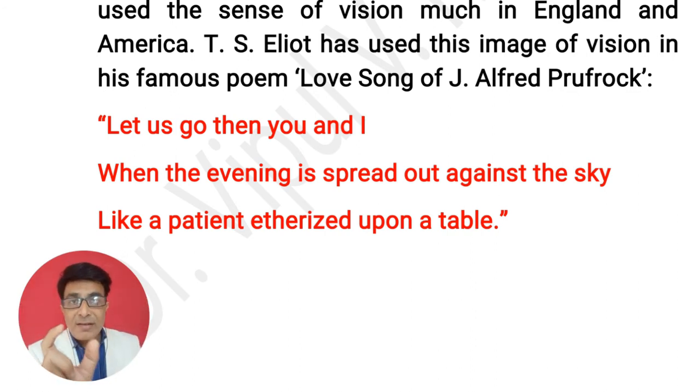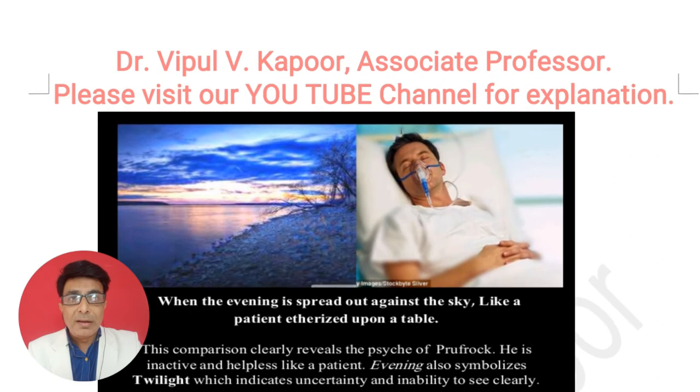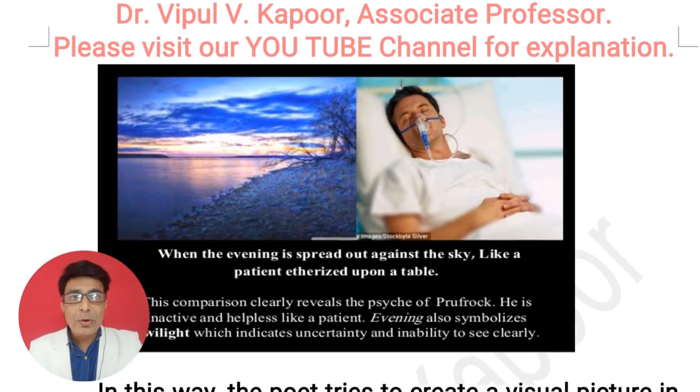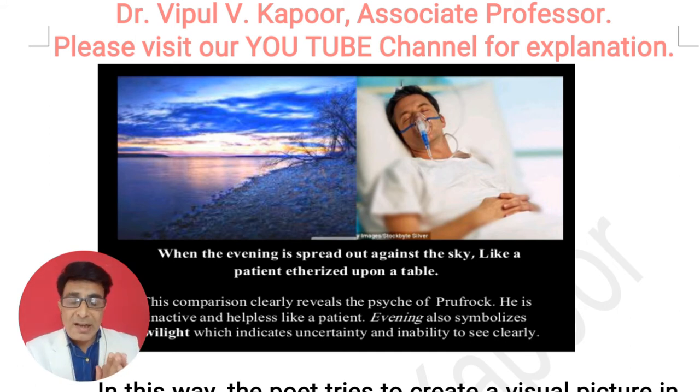Now, to describe this evening, the poet T.S. Eliot has used a simile, like a patient etherized upon a table. Now you look at this picture. On the left hand side, the evening is spread against the sky, and on the right hand side, the patient is etherized upon a table.